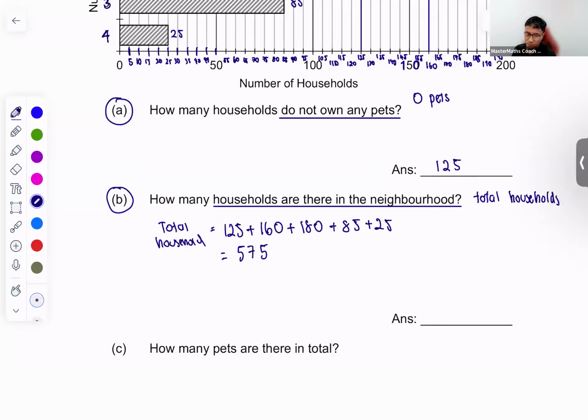I already got the 575. Okay, you got 575? Yes.